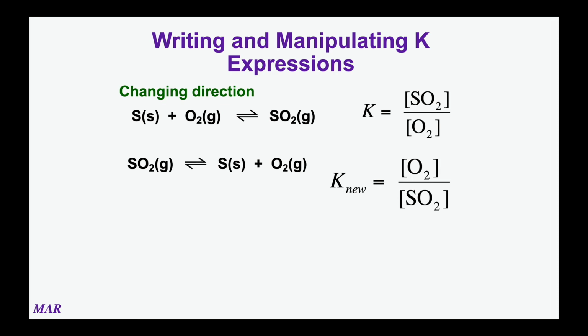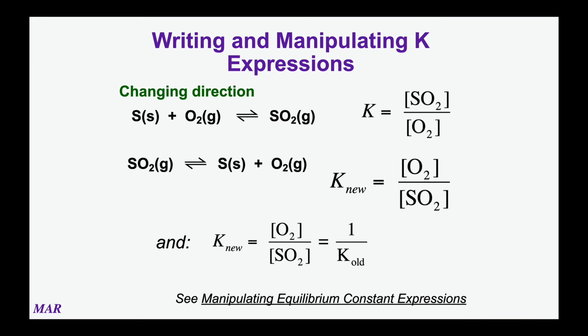The new K would be the oxygen gas on top divided by SO2 on the bottom. Again, no solids and liquids. And if you look at the old K versus the new K, the new K is just 1 over the old K. If you went 1 over SO2 divided by O2, it would become O2 divided by SO2. So the new K is just 1 over the old K.